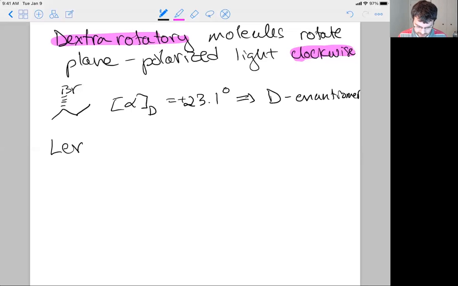The alternative name is levorotatory. So levorotatory molecules rotate plane polarized light counterclockwise.